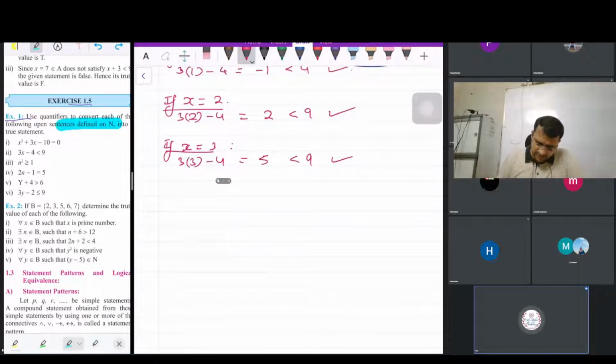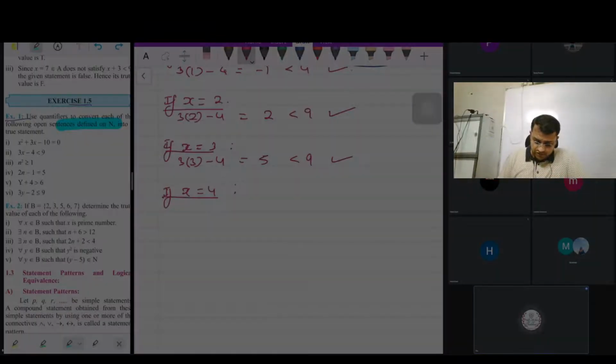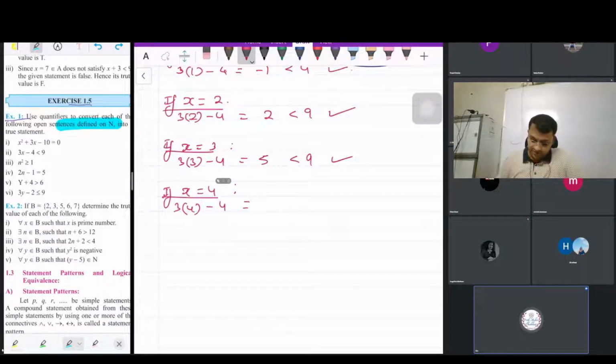If x is equal to 4, 3 into 4 minus 4, 12 minus 4, is going to be equal to 8. Yes, again it is lesser than 9. Let me try the last value.